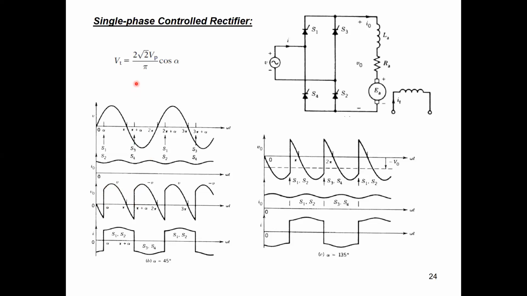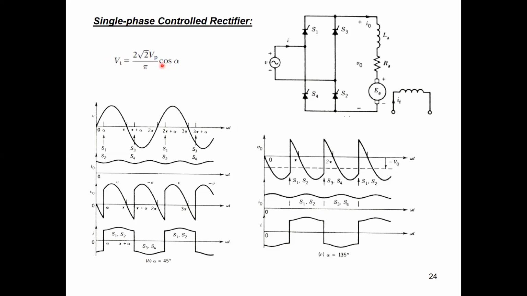If we apply this relation, we will find that Vt, which is the output voltage or the average output voltage to the machine, is 2 multiplied by square root of 2 divided by pi, which is 22 divided by 7, multiplied by Vm, which is the peak value of the supply voltage, and multiplied by cosine alpha. So this is now the relation to get the value of Vt.